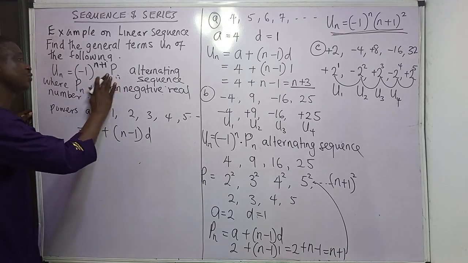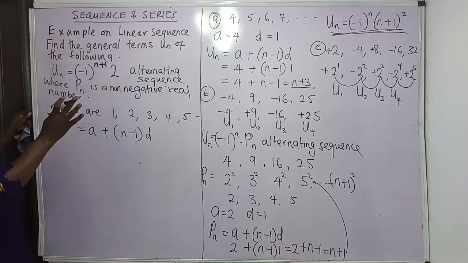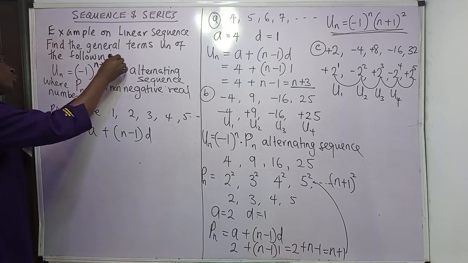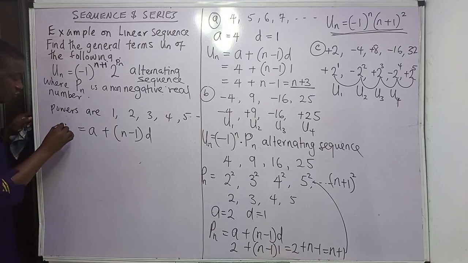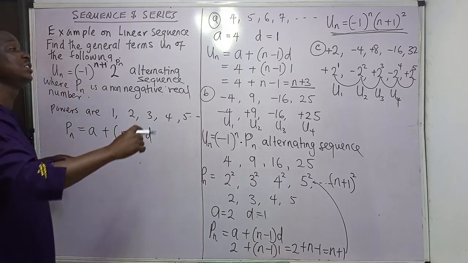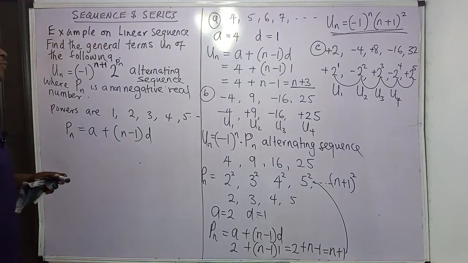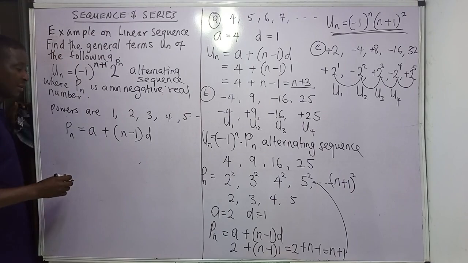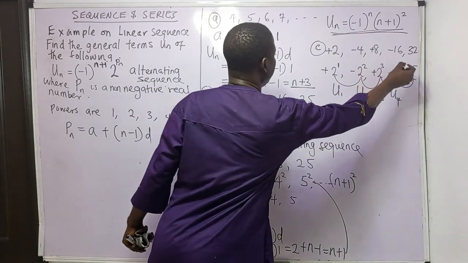Don't forget that we are looking for 2 raised by something, because 2 is constant. So what we want to find is Pn here, raised by something. Check this 2: it is appearing throughout the pattern of the sequence given to us. So we are looking for Pn, and Pn is changing from 1 to 2 to 3 to 4 to 5.